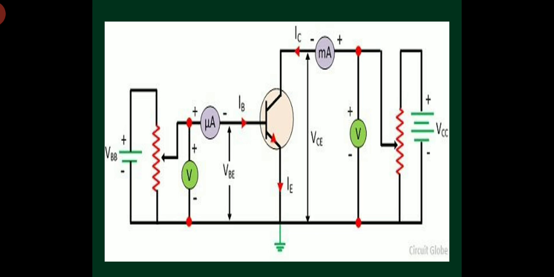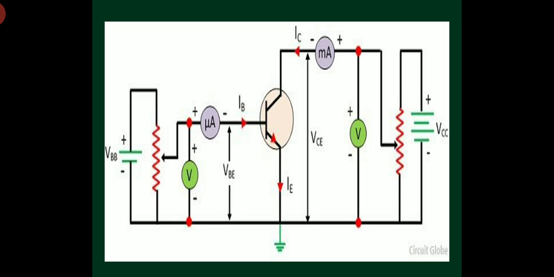Here VBB and VCC are the voltage sources. VBB is a DC voltage source connected to the base terminal. That's why it's called VBB, double subscript notation. And VCC is the voltage source connected to the collector terminal and ground, right?